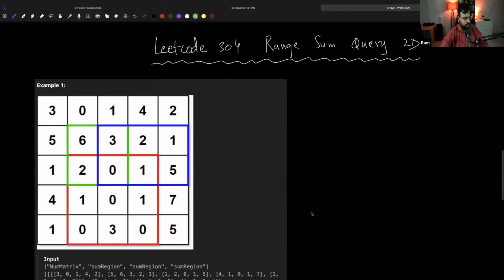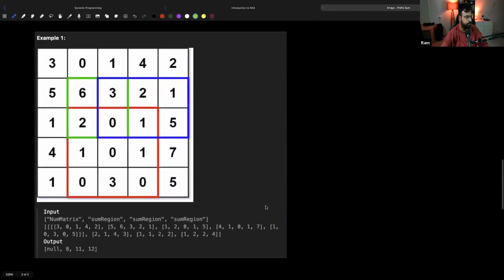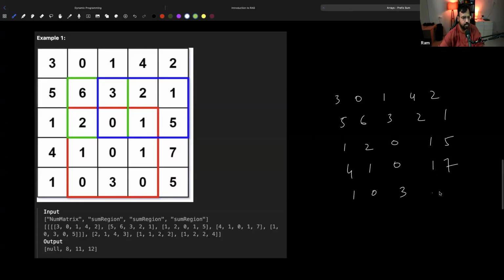So you see the question first. This has been given as a question: 3 0 1 4 2, 5 6 3 2 1, 1 2 0 1 5, 4 1 0 1 7, and 1 0 3 0 5. So this is the matrix that has been given.